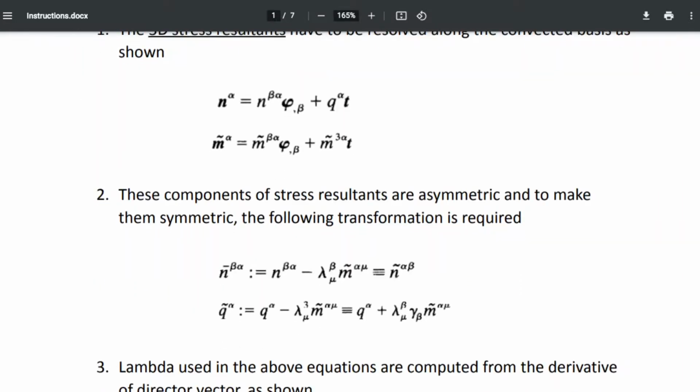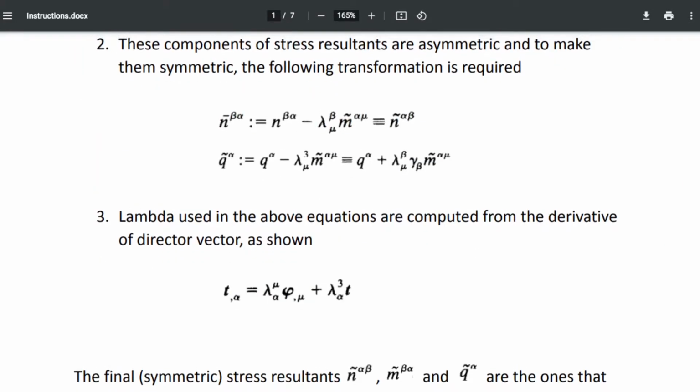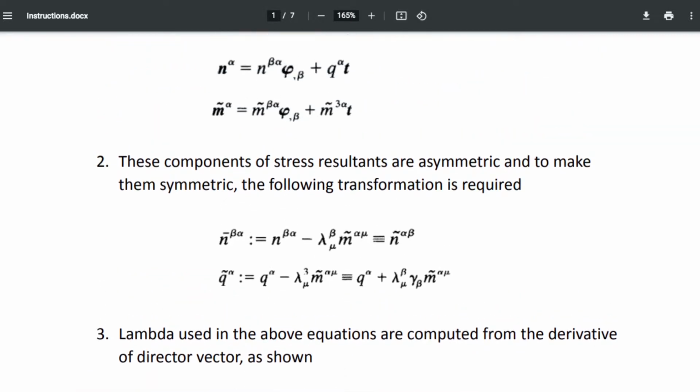And in this process we also have to resolve t comma alpha. So t is the director vector. In the VAM case we'll have a normal vector, or you can say b3 vector. Its derivative, when resolved along the convected basis, gives us the lambda values. These lambda values are then used along with the n beta alpha and m beta alpha values to get what are called the symmetric stress resultants.